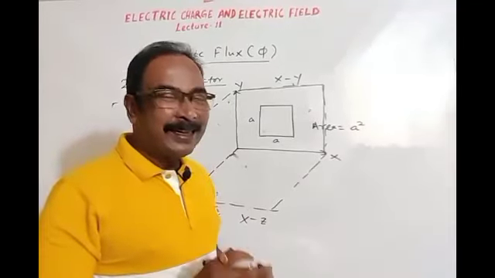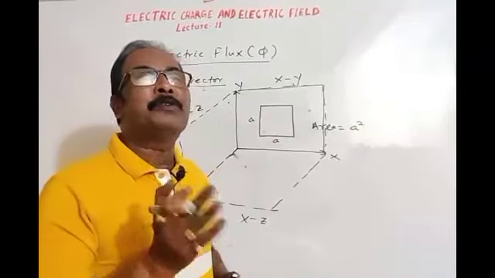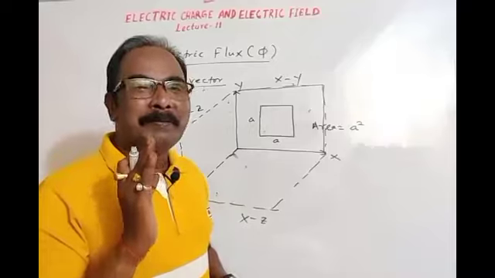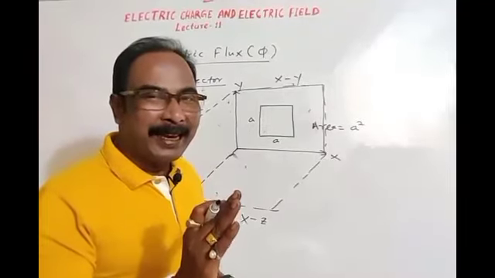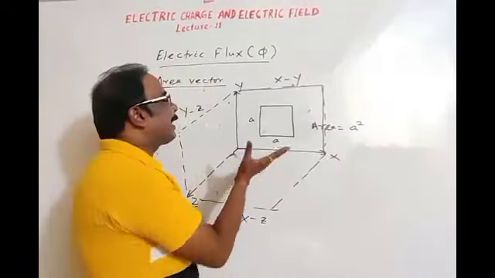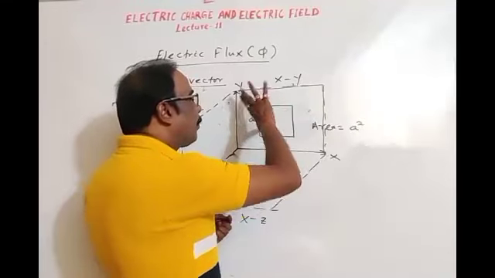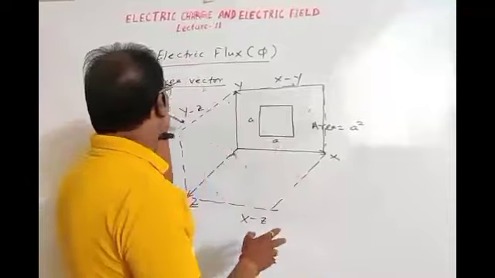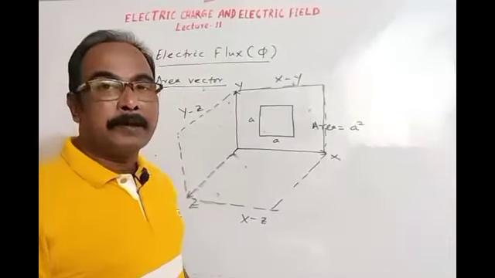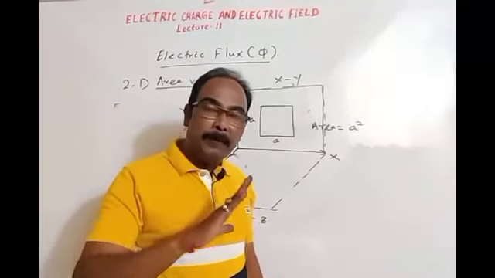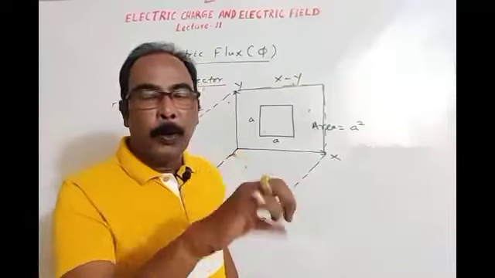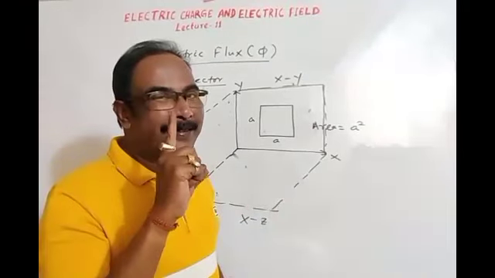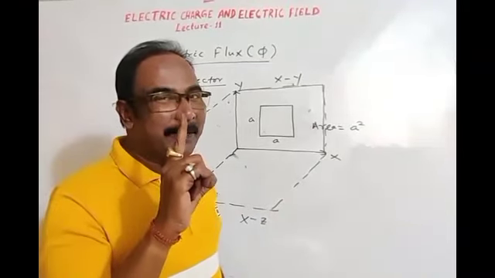As we have discussed, the direction of the area vector is perpendicular to the plane, meaning the surface. We may take the direction outward or inward. For a plane surface, you may take the direction of the area vector either outward or inward, but in any one direction.